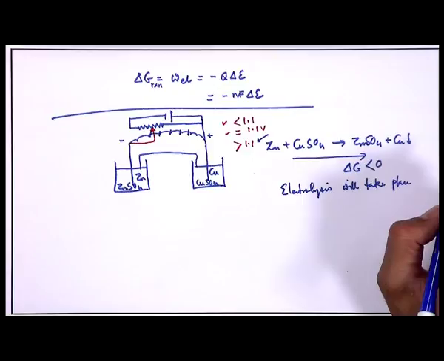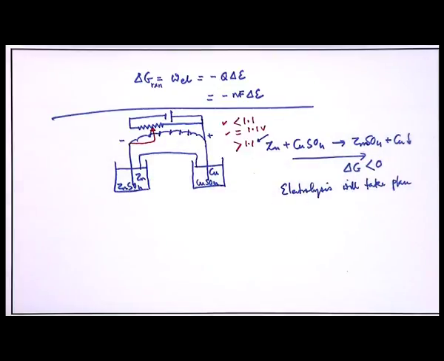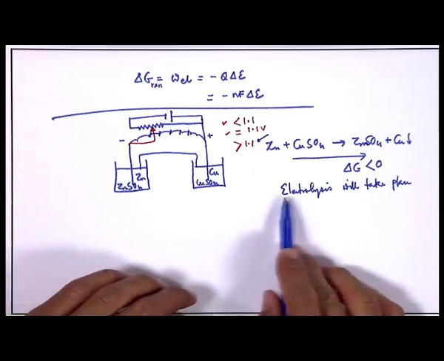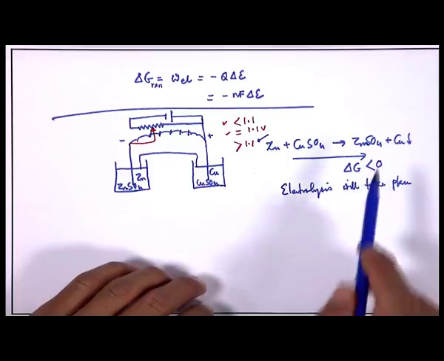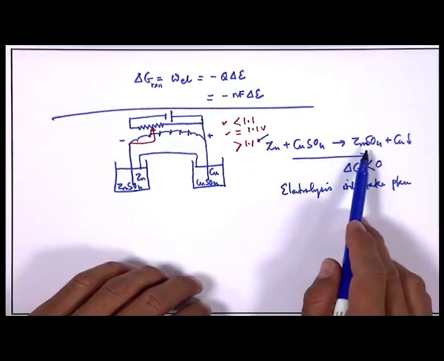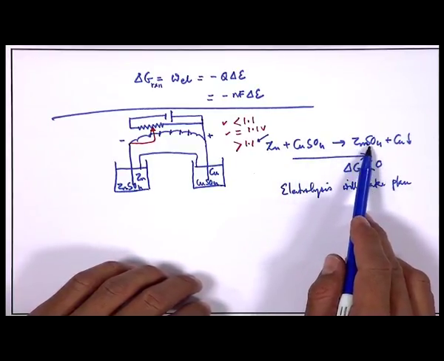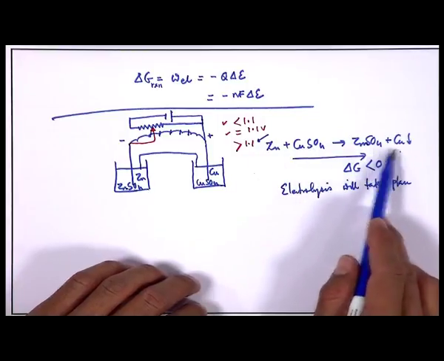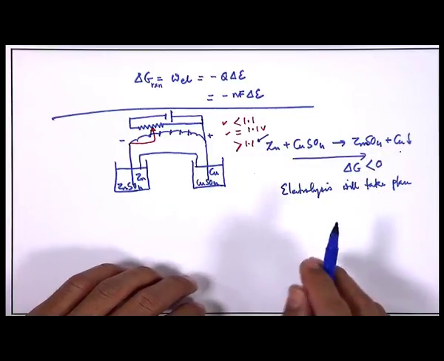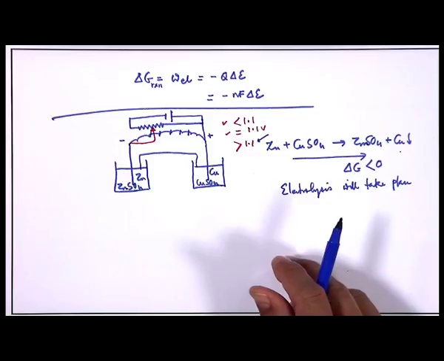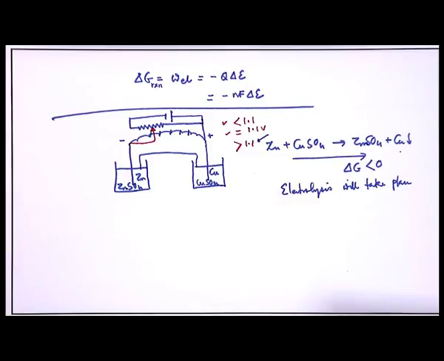That means the original reaction will be overcome by the electrolysis, where zinc sulphate will become zinc and copper will become copper sulphate. This is going to happen.